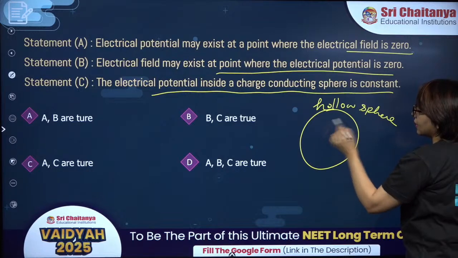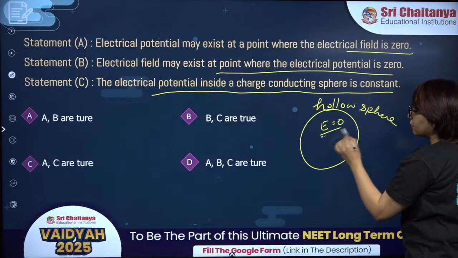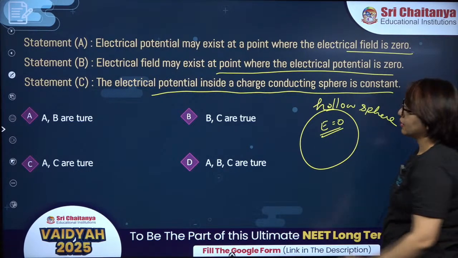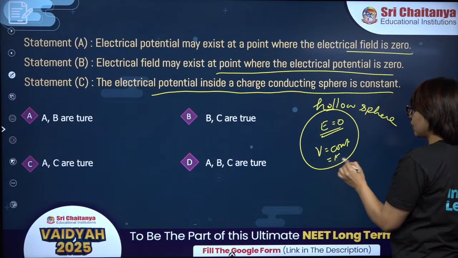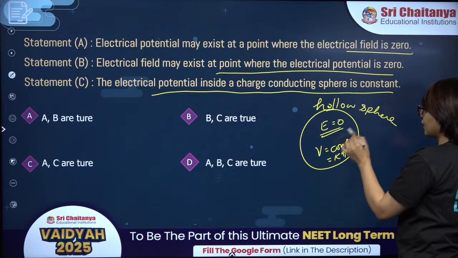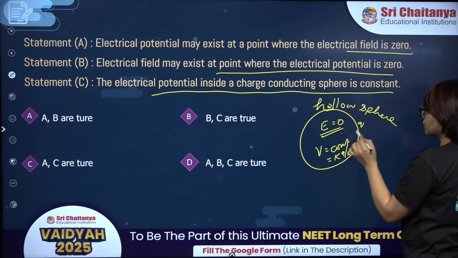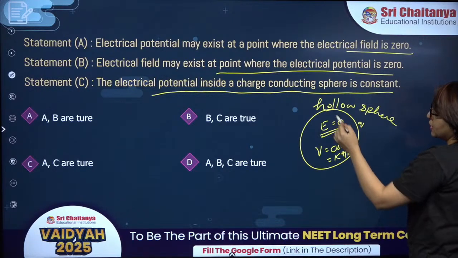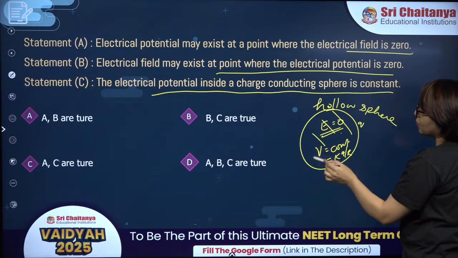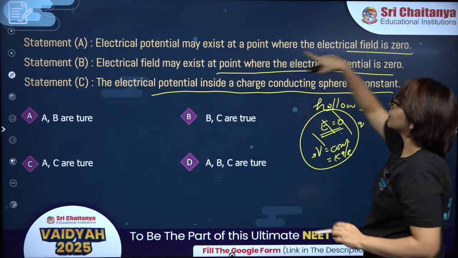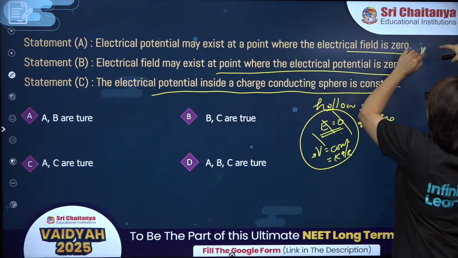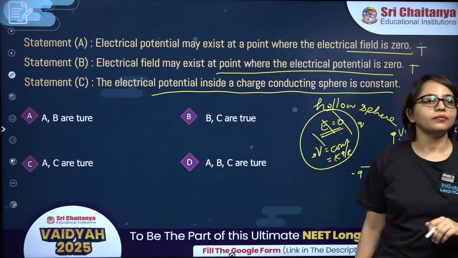Inside this sphere, electric field is zero, right? But electric potential is constant, and that is equal to kq upon r, where q is the charge on the sphere and r is the radius of the sphere. So in this region, electric field is zero, but electric potential is not zero. So electric potential may exist at a point where the electric field is zero. This is true.